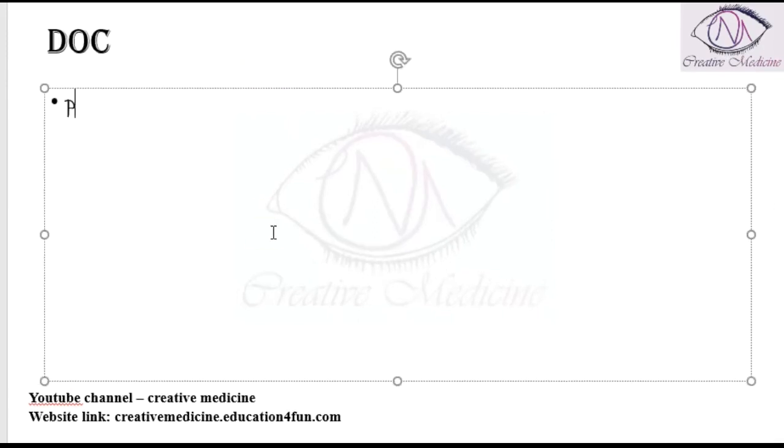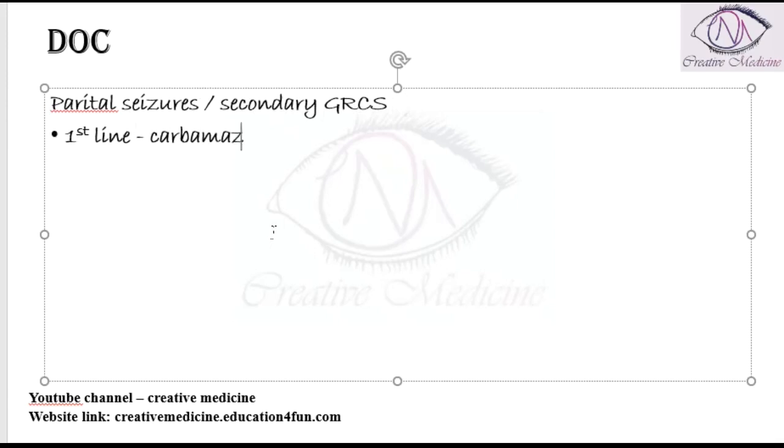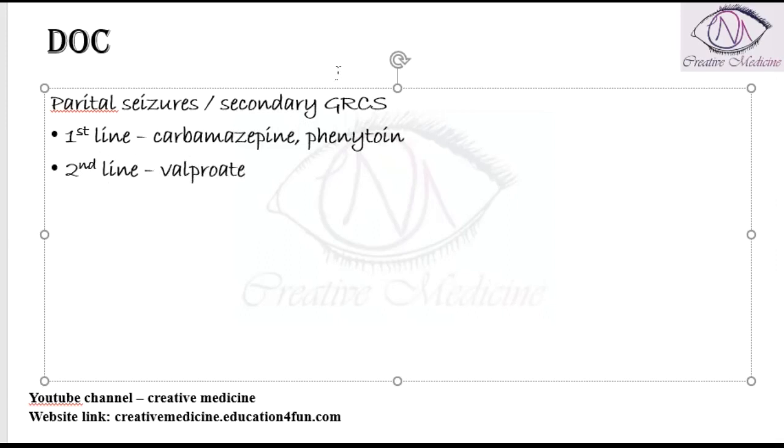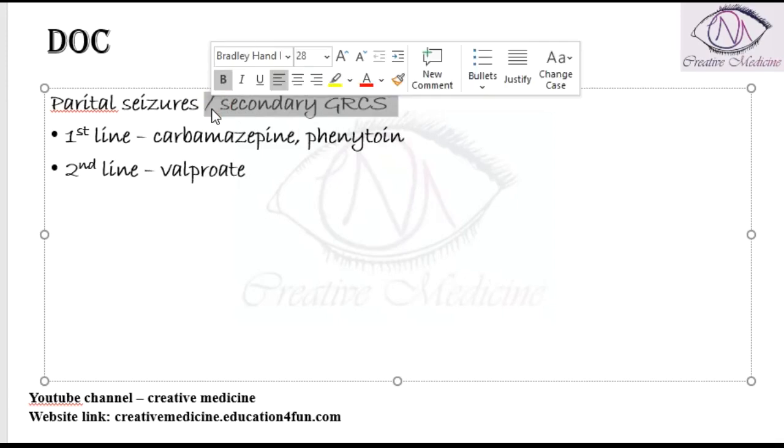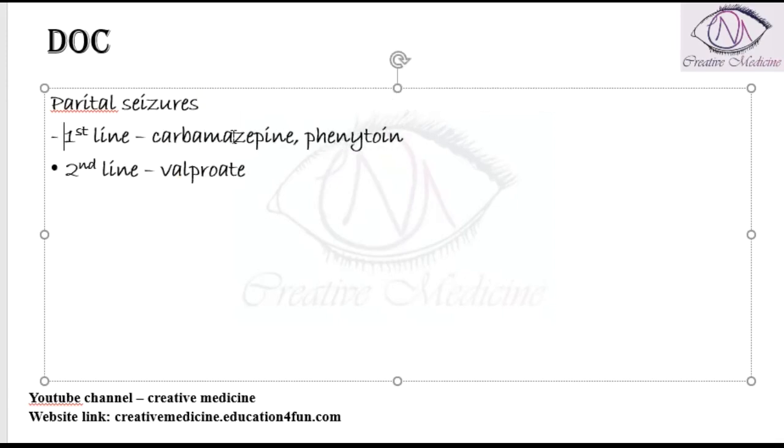For partial seizures, or secondary generalized tonic-clonic seizures, the first line drugs are carbamazepine and phenytoin, whereas the second line drugs are valproate and phenobarbital. Okay, this is for partial seizures.